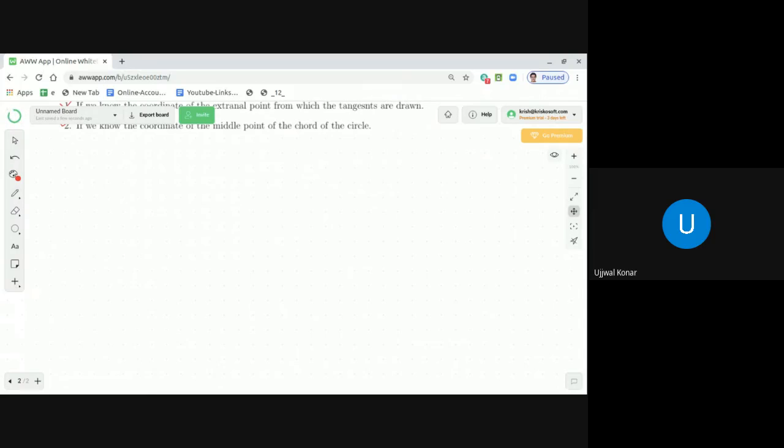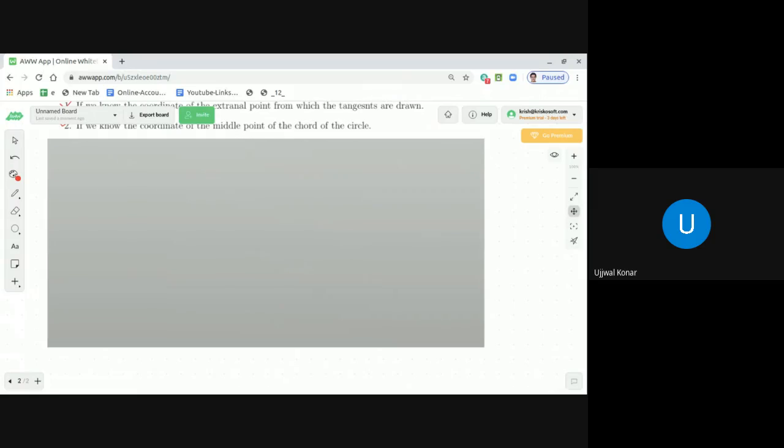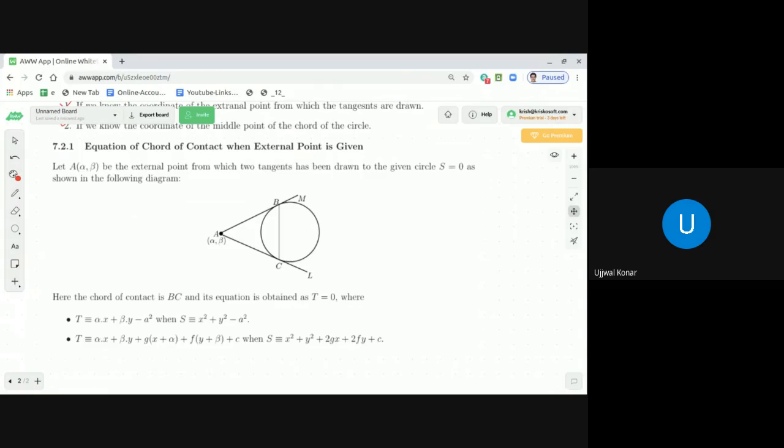Let the diagram come, then I can explain. Yeah, it came. You see, let A(alpha, beta) be the external point from which two tangents have been drawn to the circle S = 0.